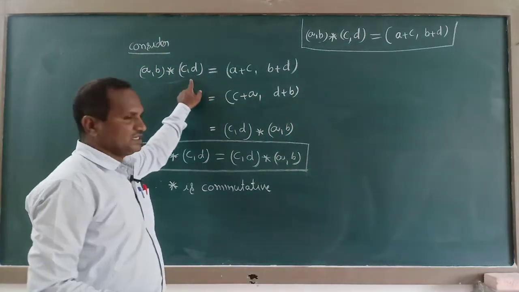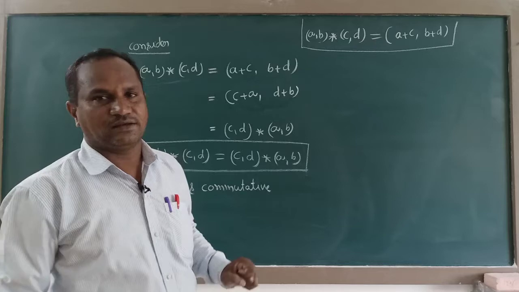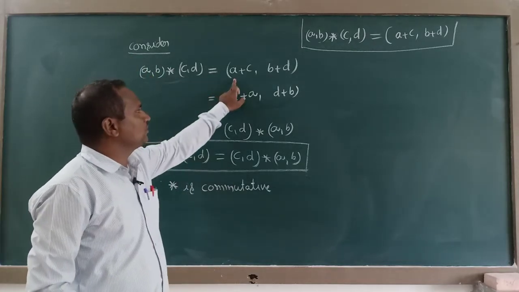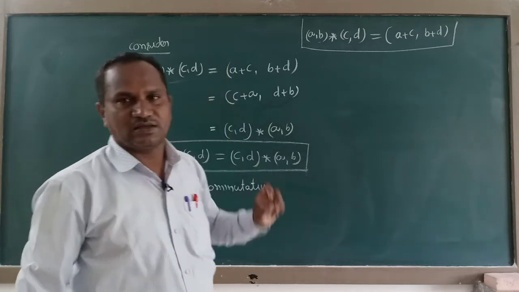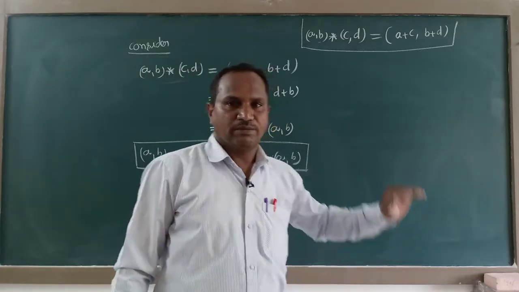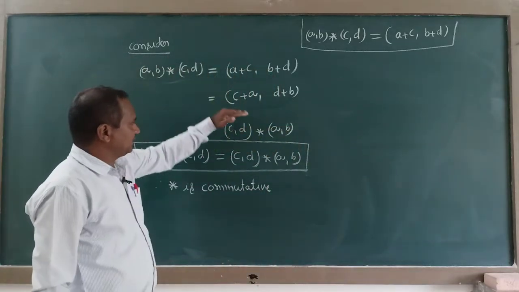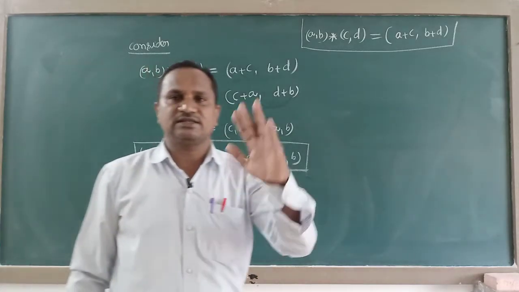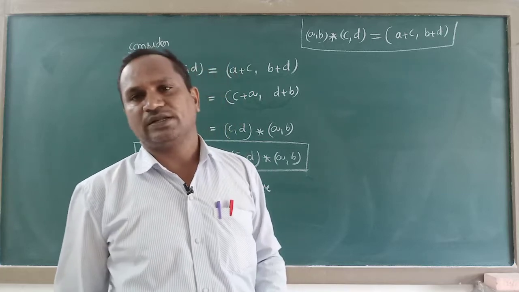Here also (C, D) is one ordered pair. Ordered pair star ordered pair is equal to the sum of all first elements comma the sum of all second elements. Based on that, we are getting star is commutative. That's why the given definition satisfies the commutative property.